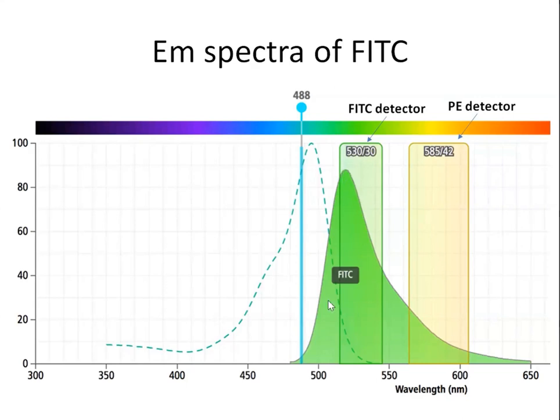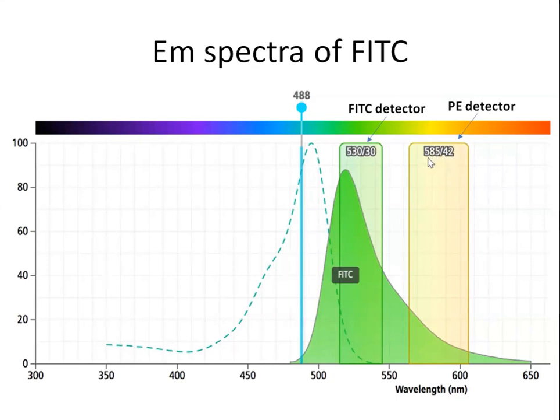But since the emission spectrum is so broad, some amount of this light, for example from 575 to 600, can be detected by the PE detector, because the PE detector has a bandpass filter of 585 plus or minus 42.